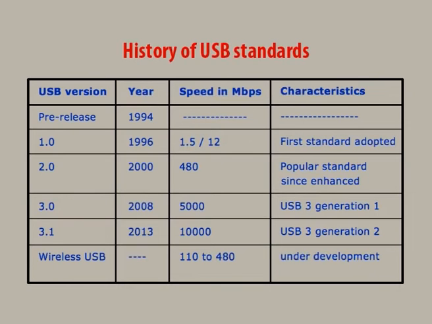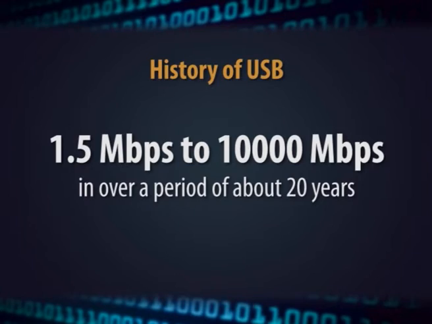Following table gives a brief history of USB standards and their years with salient characteristics. It is clear from the table that the standard has evolved significantly from modest speed of 1.5 megabits per second to 10,000 megabits per second over a period of about 20 years.